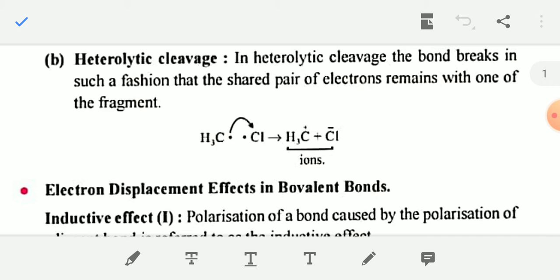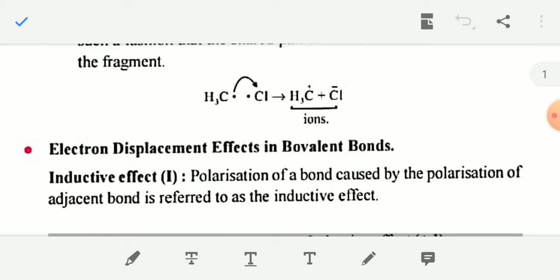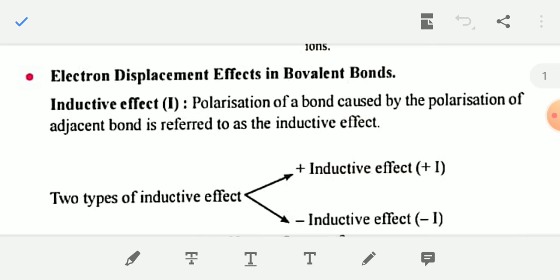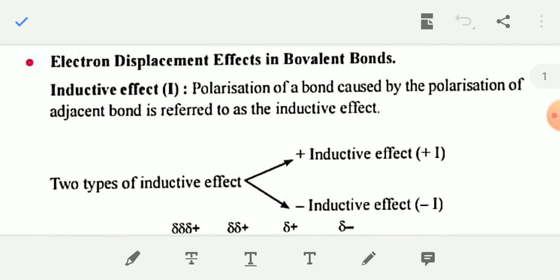Generally electrophile means positively charged. Positively charged ions are known as electrophiles, and negatively charged ions are generally known as nucleophiles. And electrophiles have an incomplete octet.